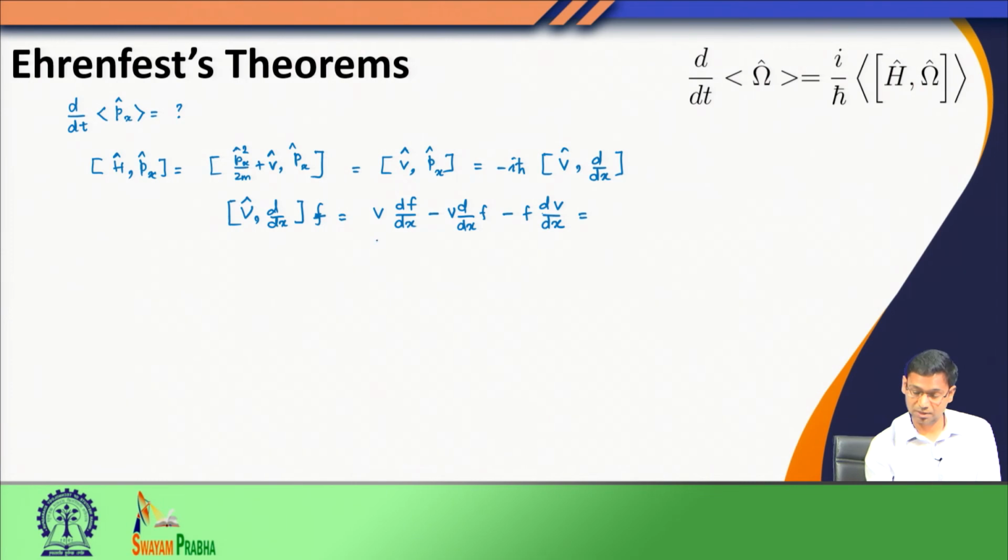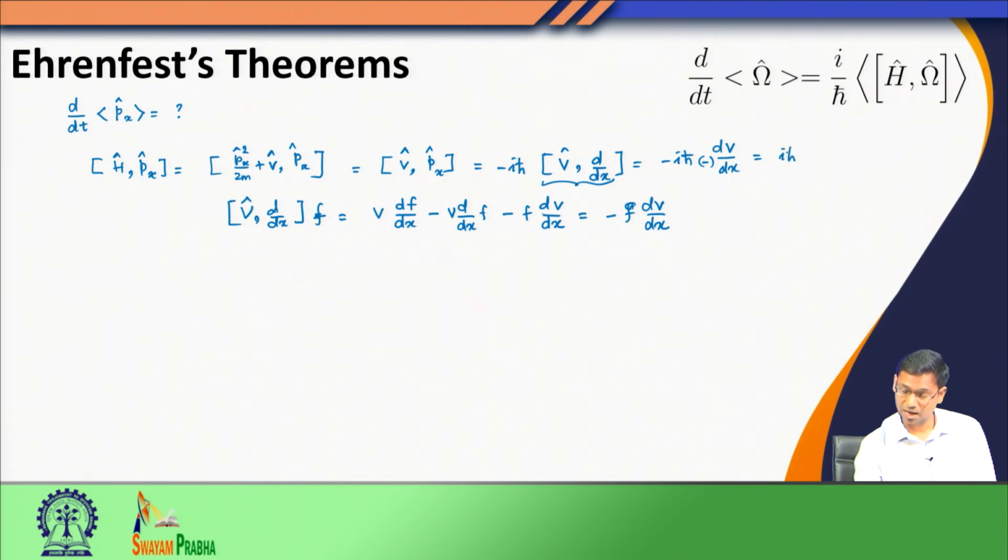The first two terms cancel out, and therefore, when I write down only the commutator, I would simply write minus i h bar, minus sign d V by d x, which is nothing but i h bar d V by d x.